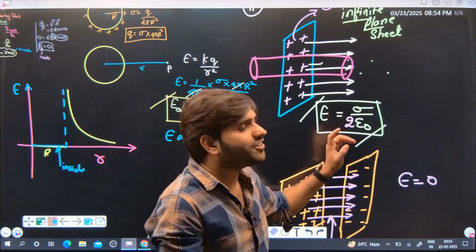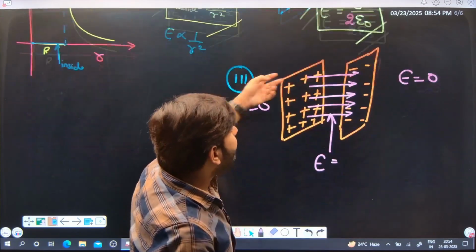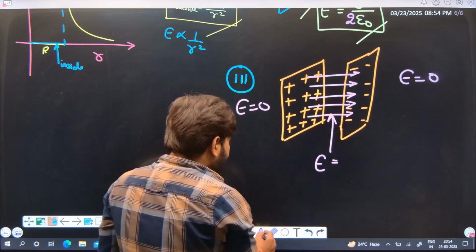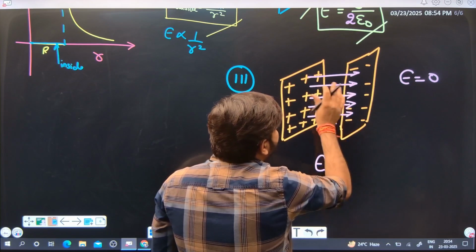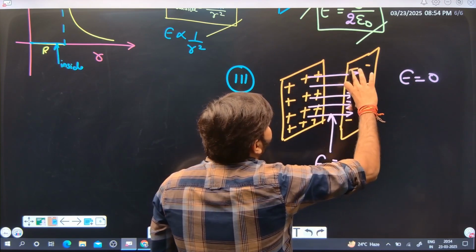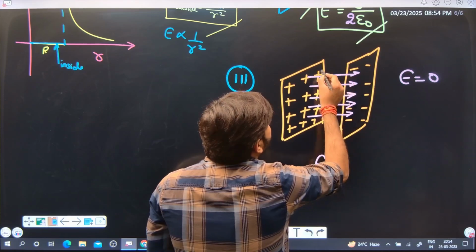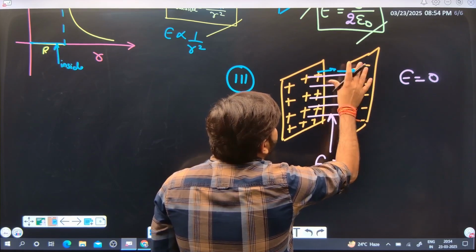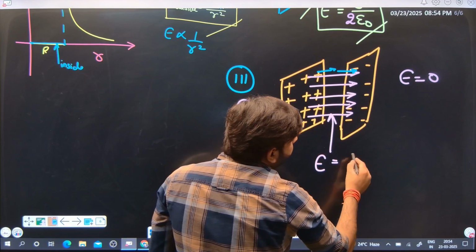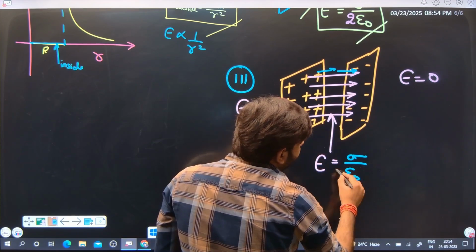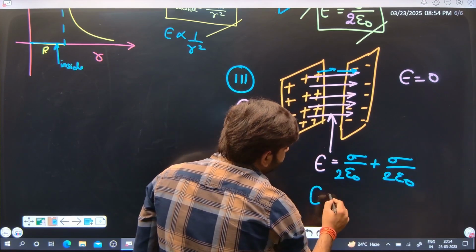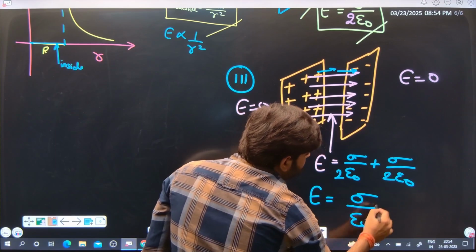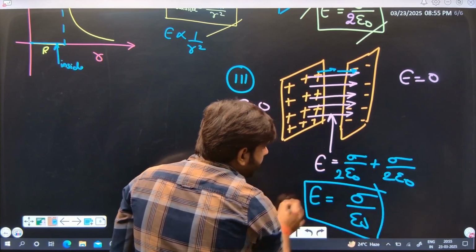The fields due to both sheets add up inside, so sigma by 2 epsilon naught due to plus and sigma by 2 epsilon naught due to minus, so it becomes sigma by epsilon naught for a parallel plate capacitor.